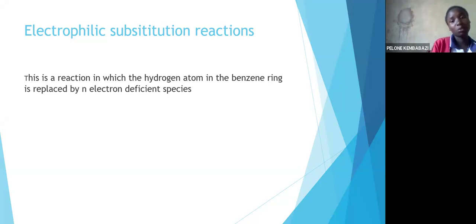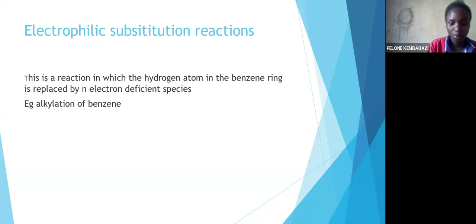As we know, I don't know if all of us or the majority of us have studied benzene, but I think so. In benzene's structure, each carbon atom is having a hydrogen. And once we want to add any electrophile, the hydrogen atom is replaced, and the electrophile substitutes where the hydrogen was, and we form other compounds.